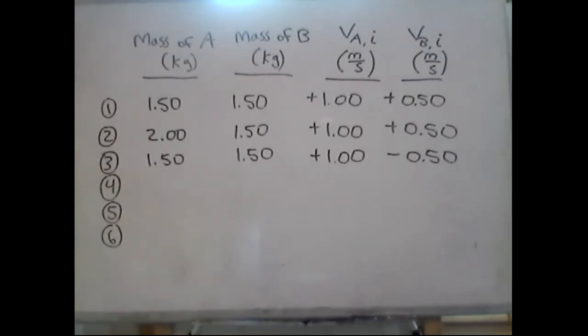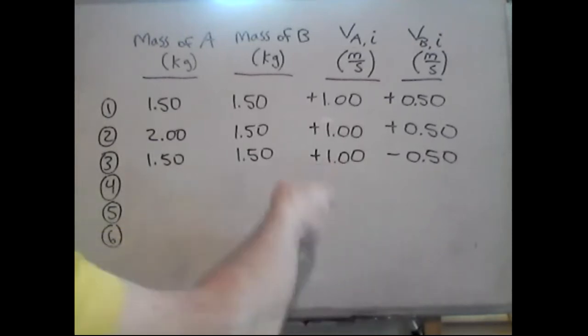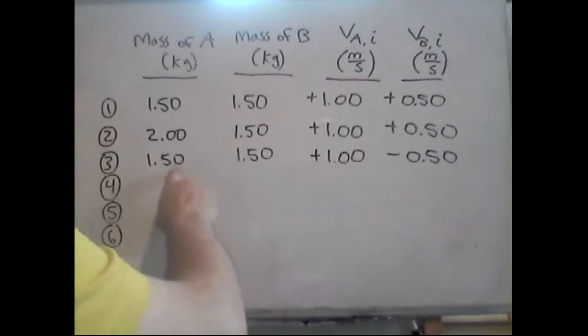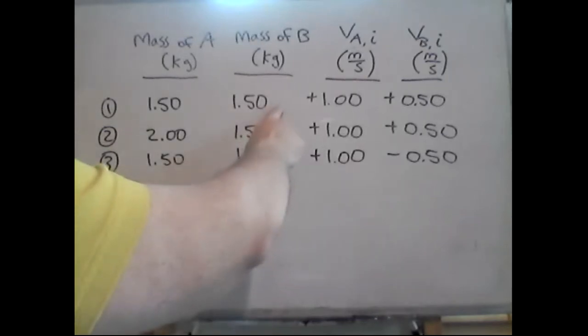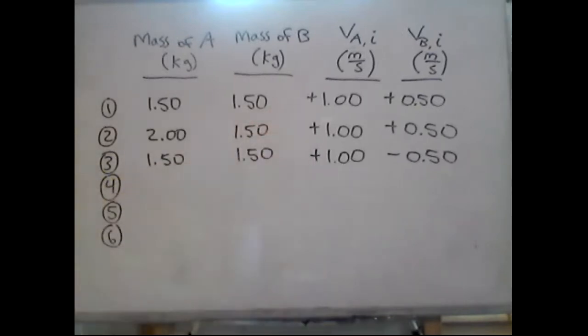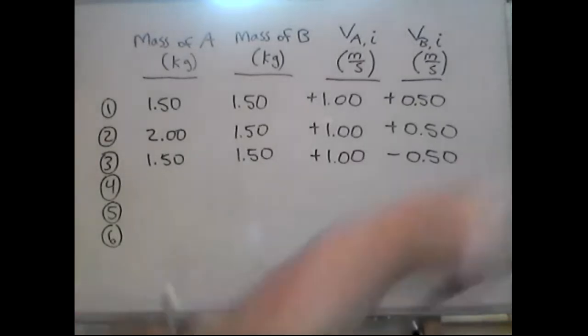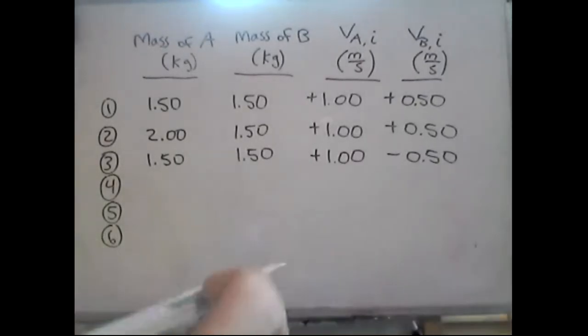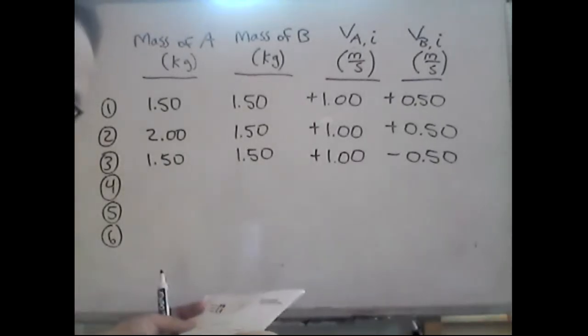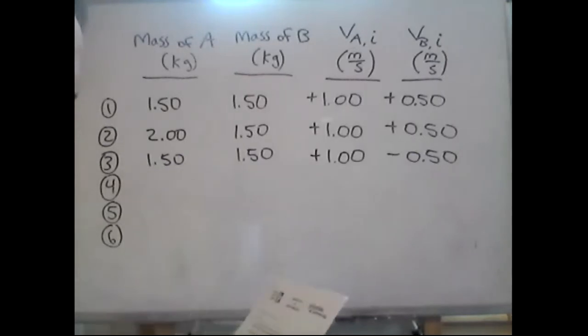Momentum has a sign. Let's say the momentum of B right here would be, let's see, what would that be? 0.5 times 1.5, that would be 0.75 kilograms meters per second.